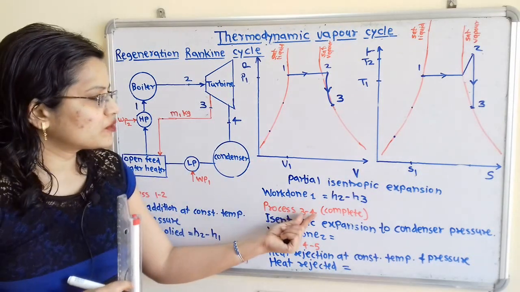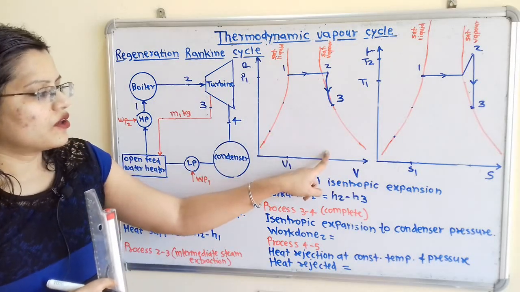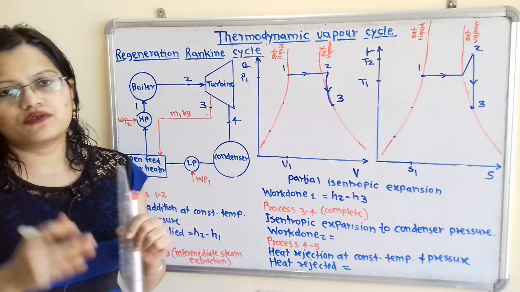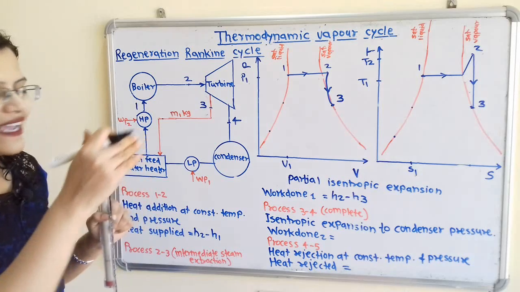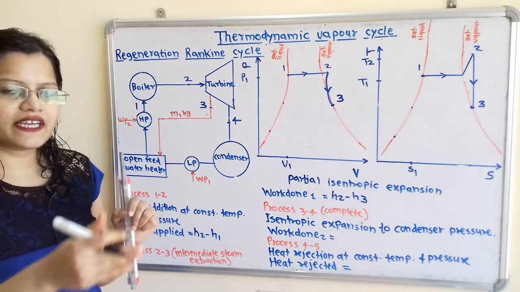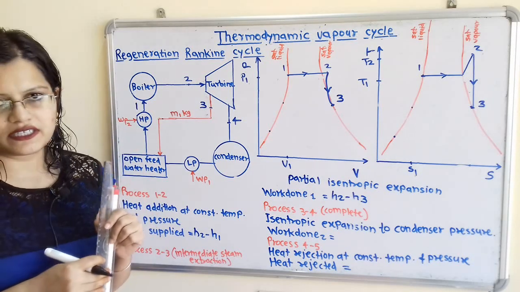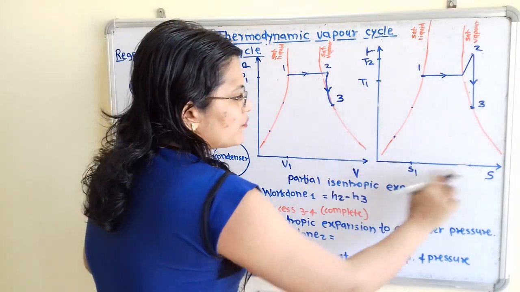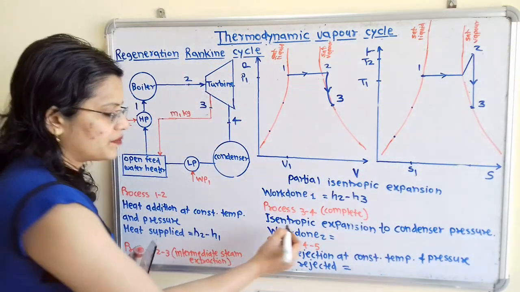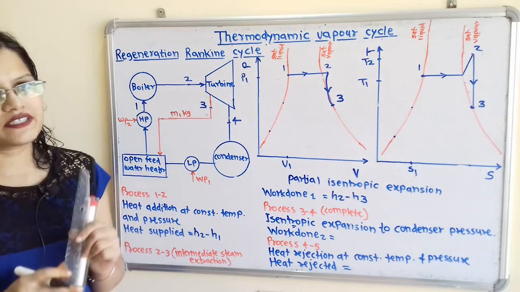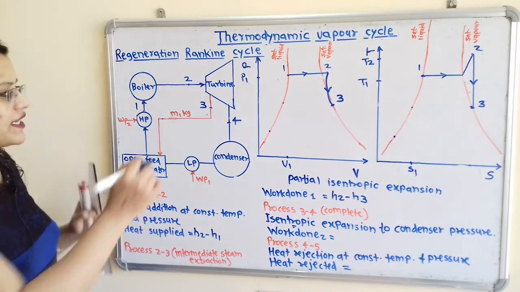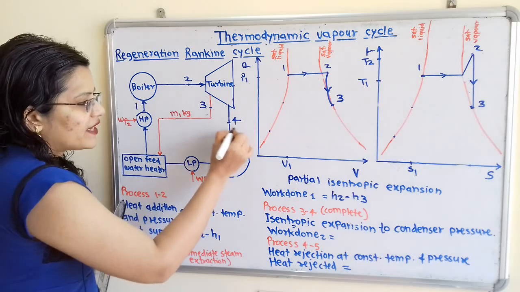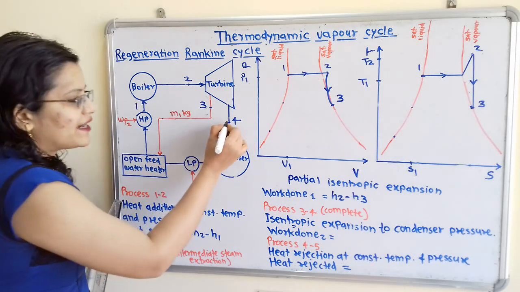Now we have to show this process 3 to 4 on this diagram. So how to show? So during expansion, pressure is getting decreased, volume is getting increased. And here also temperature is getting decreased, but we have to keep entropy constant because this is isentropic expansion. But what is the phase of the working substance at point 4?